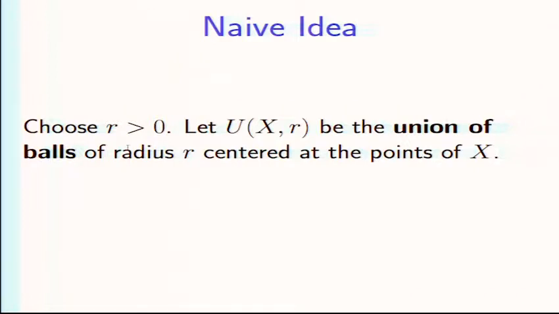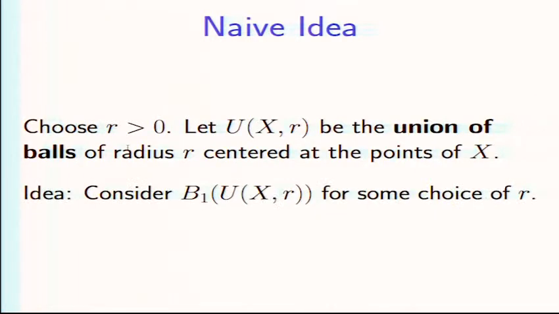So here's a naive idea. First, let's choose a radius, some positive real number r, and let U(X, r) be the union of balls of radius r centered around the points of X. So I take every point in this point cloud data set and I put a ball around it, and I just take all of those balls. That somehow allows me to pass from a discrete object to a continuous object.